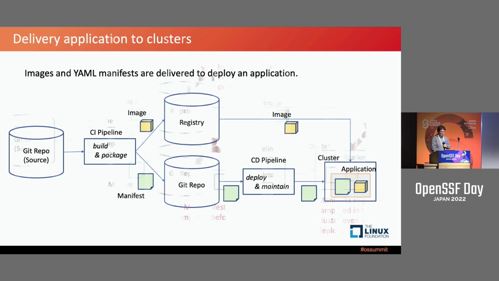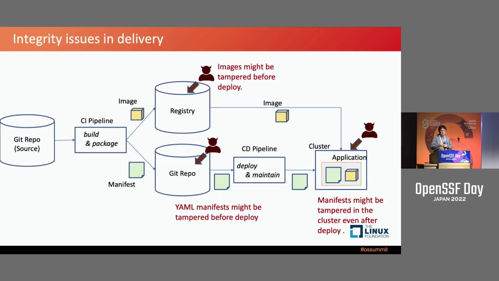You can easily imagine the many attack points here. The image might be compromised, or the manifest might be compromised before it is deployed on the cluster. Even after deploying the application, an attacker may come into the cluster and change the manifest. So all these points should be protected by some mechanism.